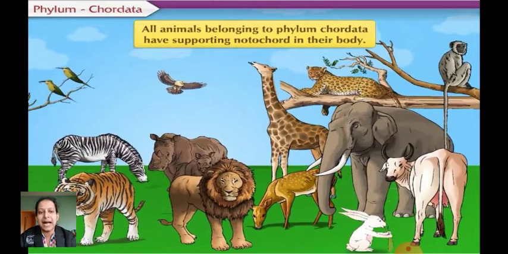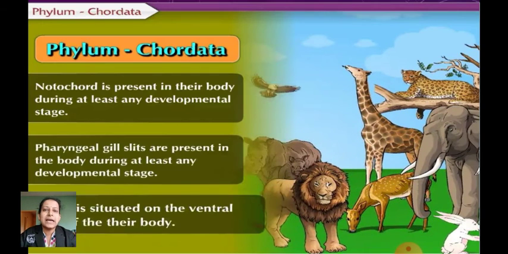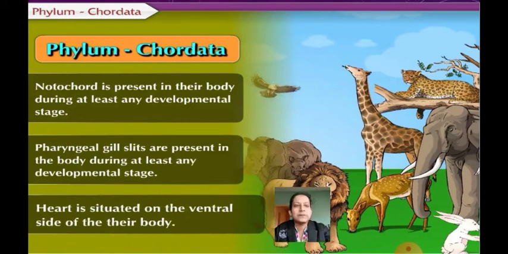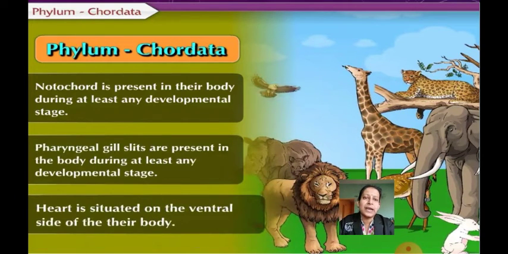That means they have a supporting rod for their body, and therefore they belong to Chordata. Now in phylum Chordata you will have three more subphyla, and these characters are included in all of them. So notochord is present in their body during at least one developmental stage, and therefore they belong to Chordata.